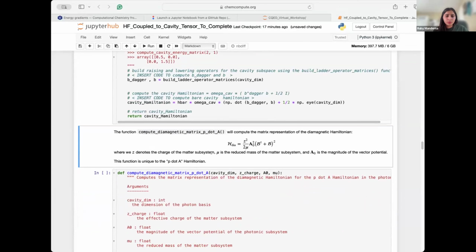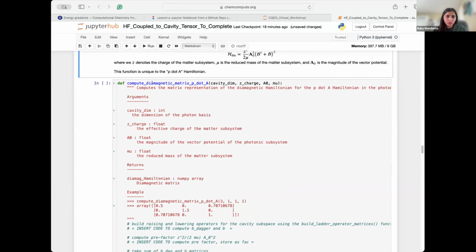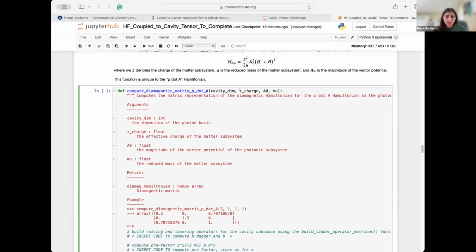Now, in order to build the P dot A Hamiltonian, next we need the diamagnetic term Hamiltonian. And this is the equation for that. So we have Z square, which is our effective charge, divided by mu, the reduced mass, A naught square, which is our vector potential, and then b dagger plus b whole square. For this one, we will define the function compute diamagnetic matrix P dot A, and our input parameters will be the dimension of cavity, effective charge, vector potential, and reduced mass.